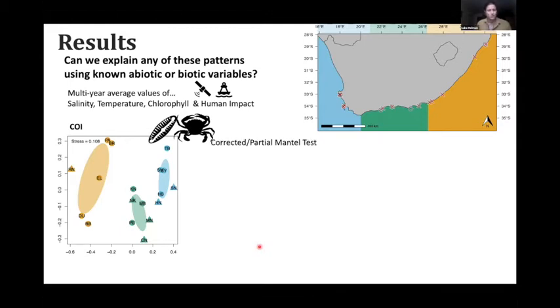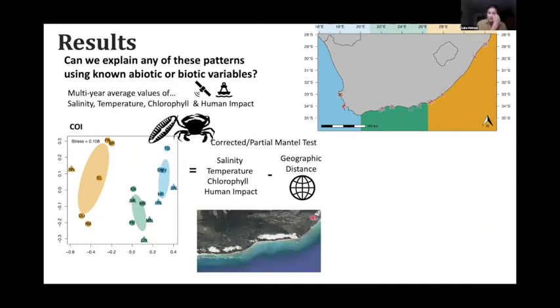To do that, I performed a partial Mantel test and also a corrected version of a Mantel test, which simply takes a distance matrix of your OTU dissimilarities, the differences between your communities in the system, and looks for a correlation with a distance matrix of each of your explanatory variables after having taken into account the distance between the sites, the geographic distance. And the geographic distance here is measured, you just went on Google Earth and drew a huge long line across the whole coastline and measured the distance between all those sites.